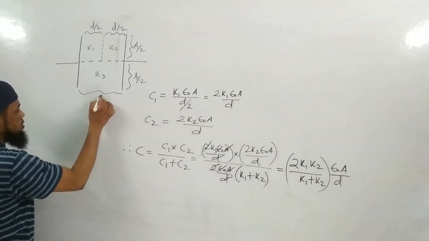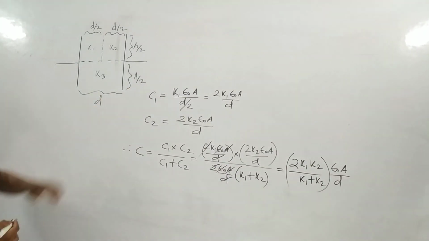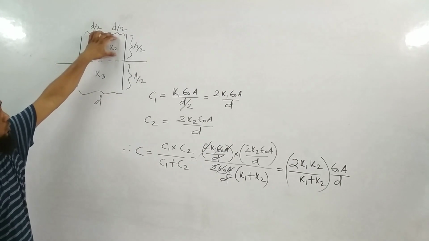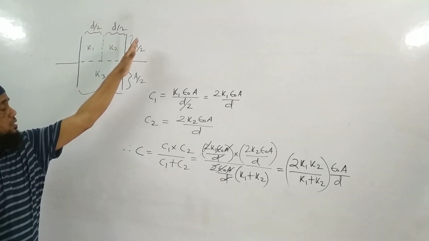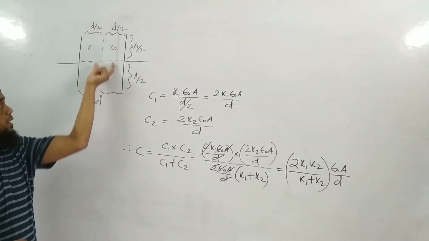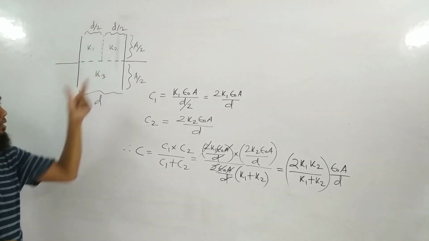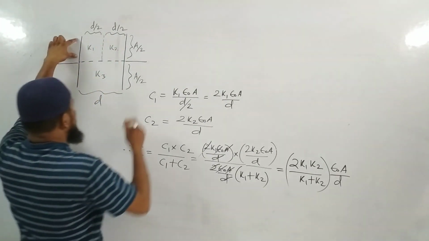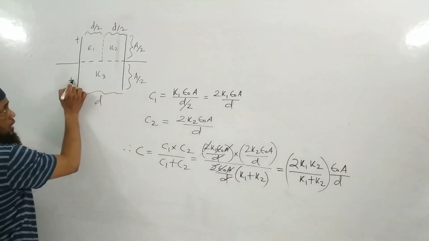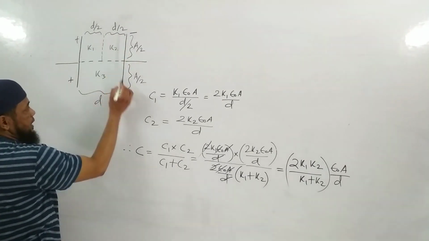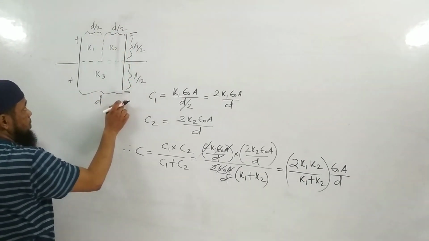This separation is D. So in this situation, you can see there are 3 capacitors, 1, 2, 3. These 2 capacitors are connected in series, and both will be in parallel with the third capacitor. How can we visualize it? Positive plate of 1 is connected to the positive plate of 3, and negative plate of 2 is connected to the negative plate of 3.